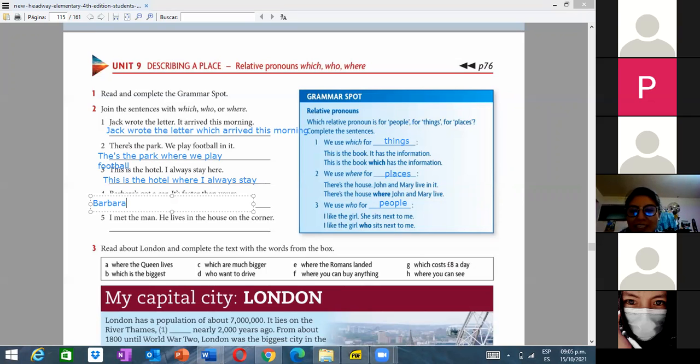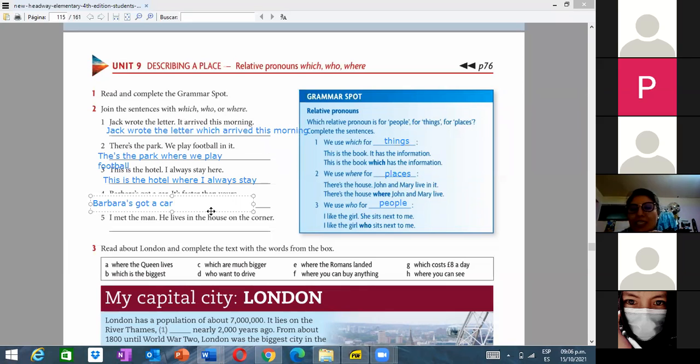Okay, ¿de qué estamos hablando aquí, chicos? Quiero que identifiquen primero. ¿De la persona o del objeto? En este caso, un carro, ¿no? ¿De la persona o del carro? Del carro.